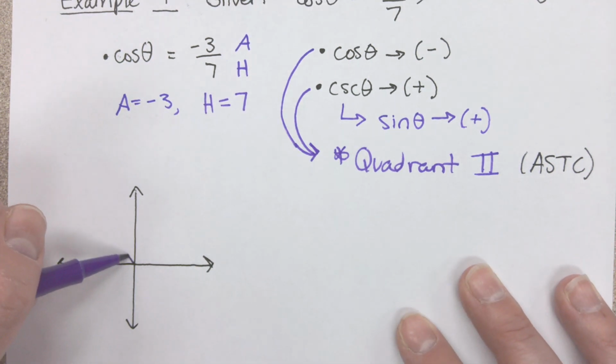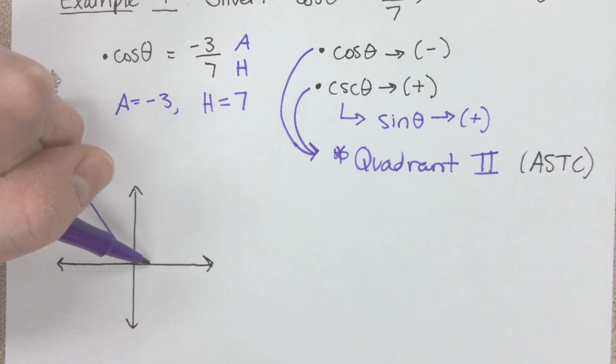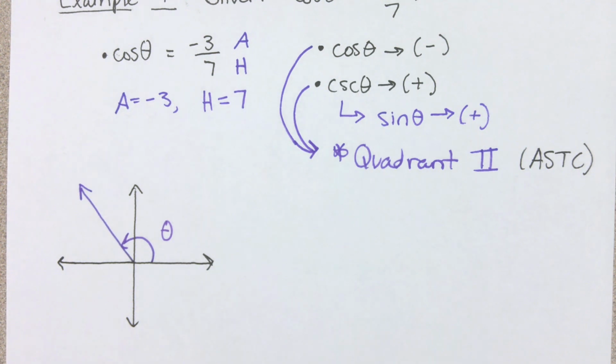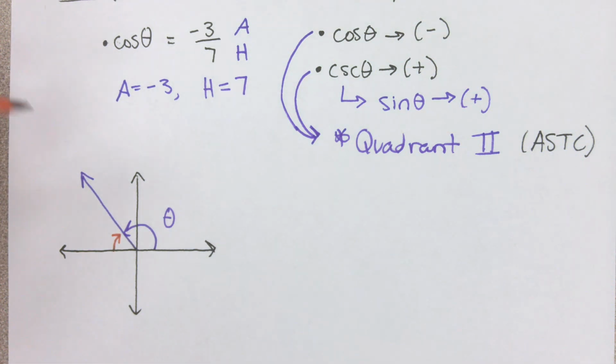We know we're in quadrant 2, so we'll start there. Draw in your angle of rotation and label it with a theta. Draw and label alpha. Alpha goes from the x-axis up to the angle.